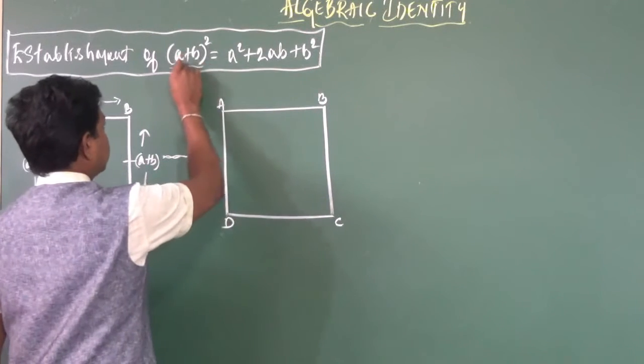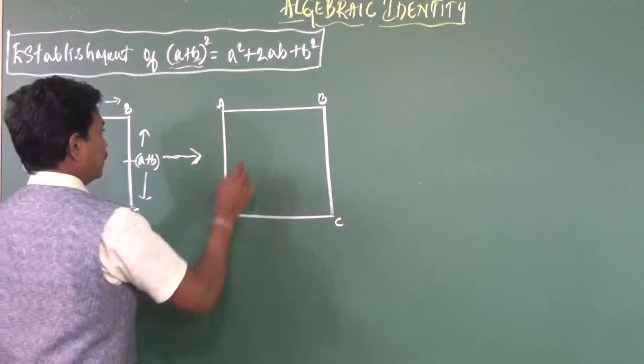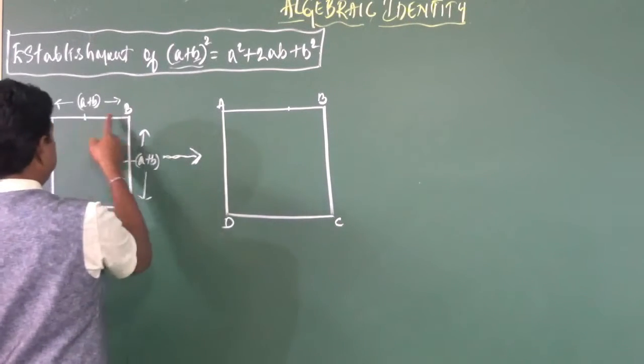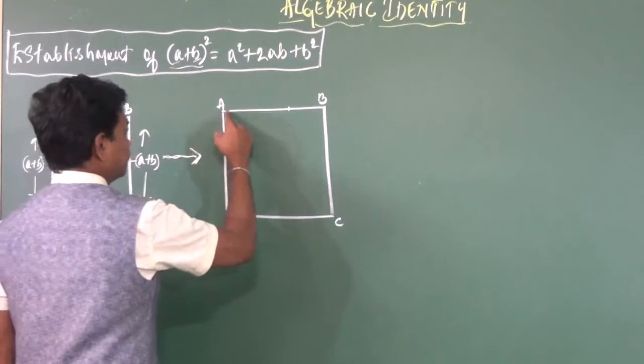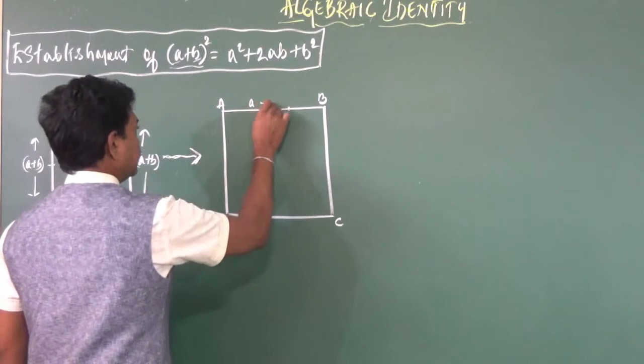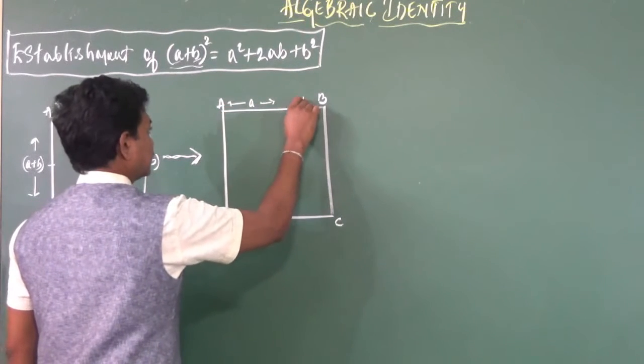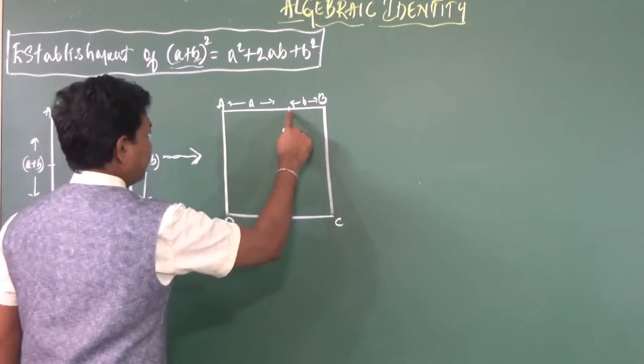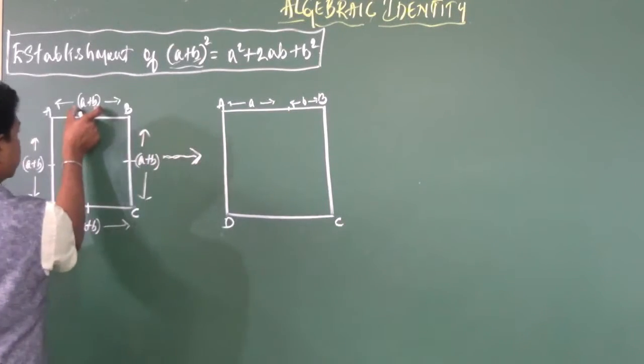So here, as a is a different number and b is a different number, from here to here it is a plus b. Let us take this part as a, and this part as b. So this gives you a plus b here.